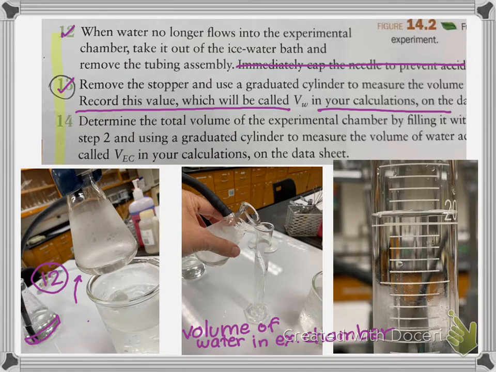I took it here, I poured it into the graduated cylinder, and this is what you're going to measure. Remember, you're going to look at the meniscus, and again, this graduated cylinder has lines to the ones place. This is a 10. It's hard to see, but this is a 10. And this line right here, this is 20. And so you're going to measure the water.